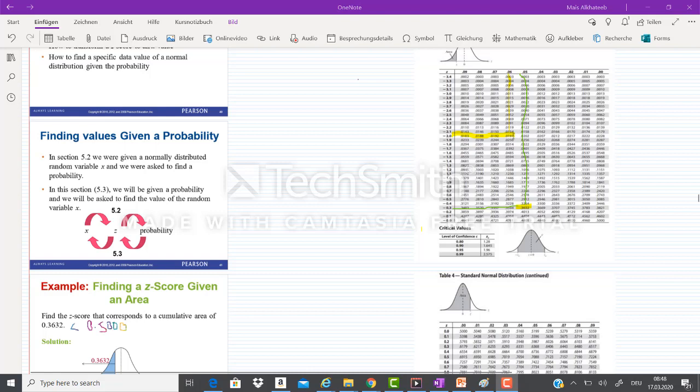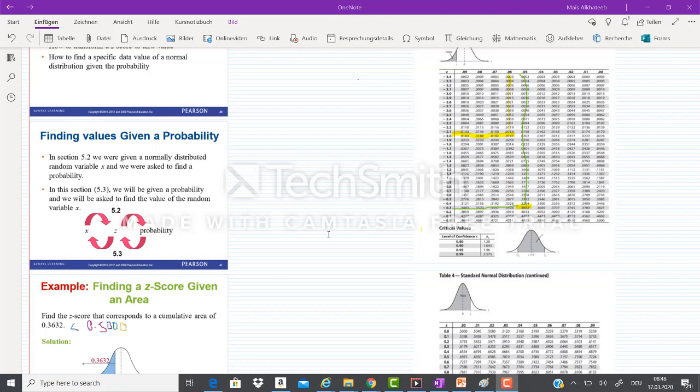We start at this probability, we find z, then z will be minus 0.85. Then we calculate the x by using another formula. Now we will look at how we will do this.